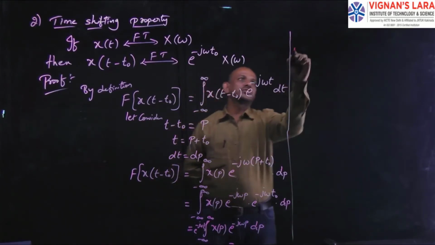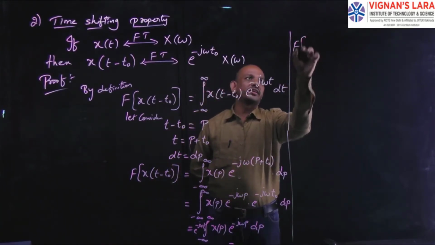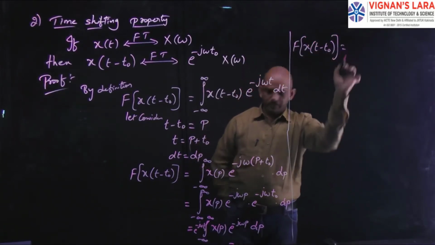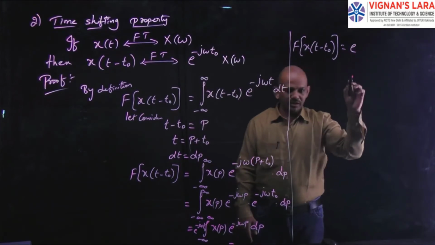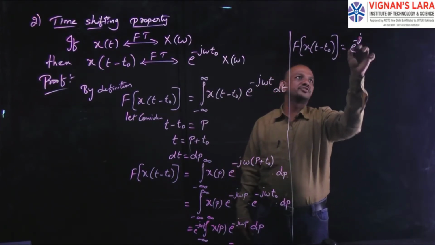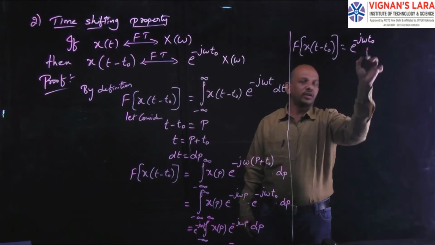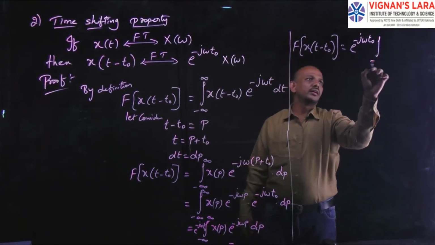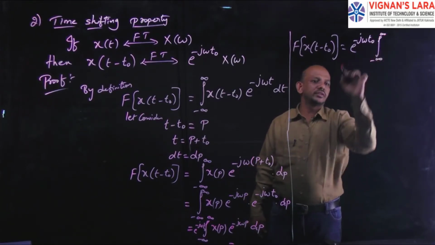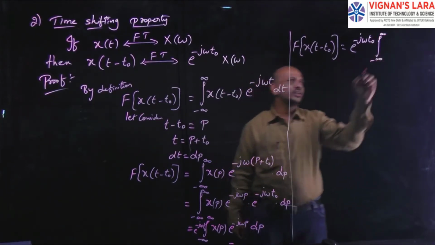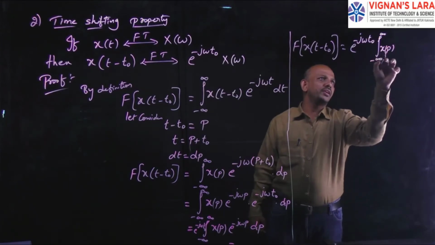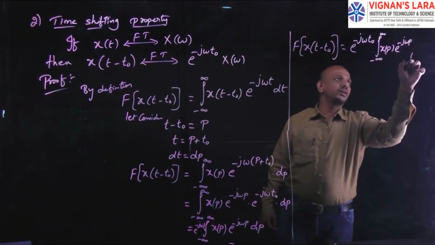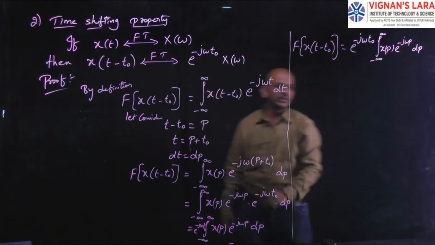See what we got. The Fourier transform of x of t minus t naught will be equal to e power minus j omega t naught into integral from minus infinity to plus infinity x of p e power minus j omega p dp.